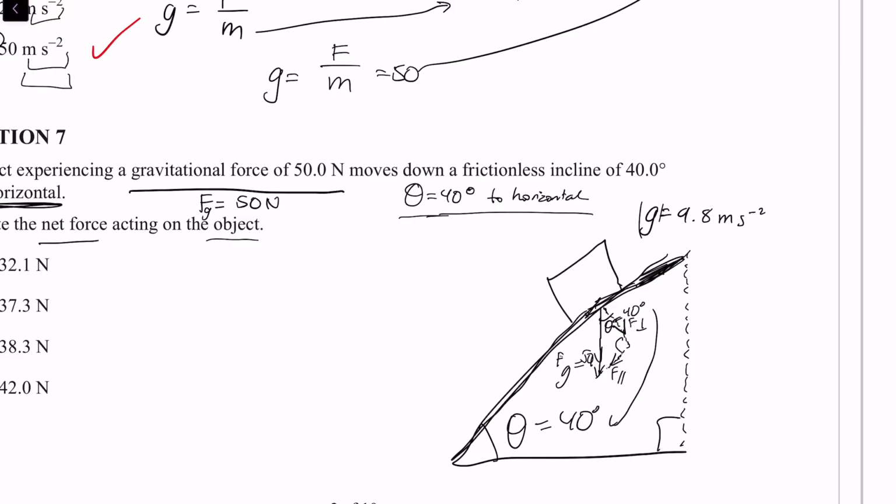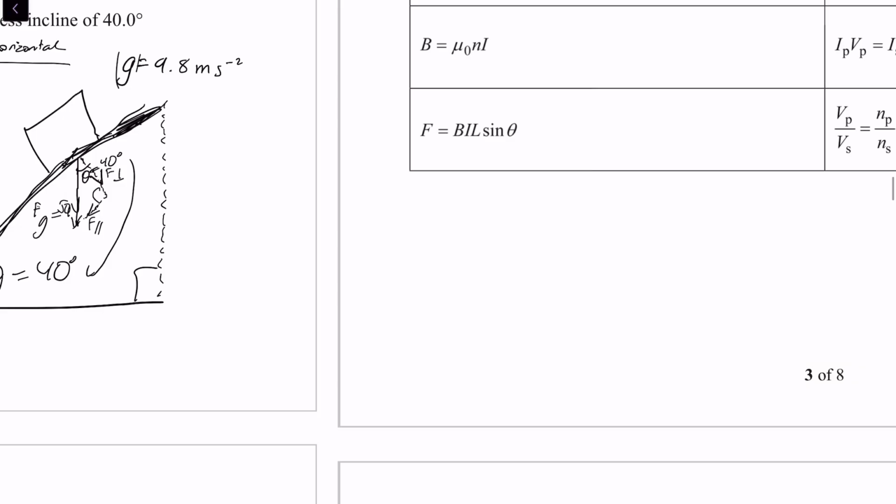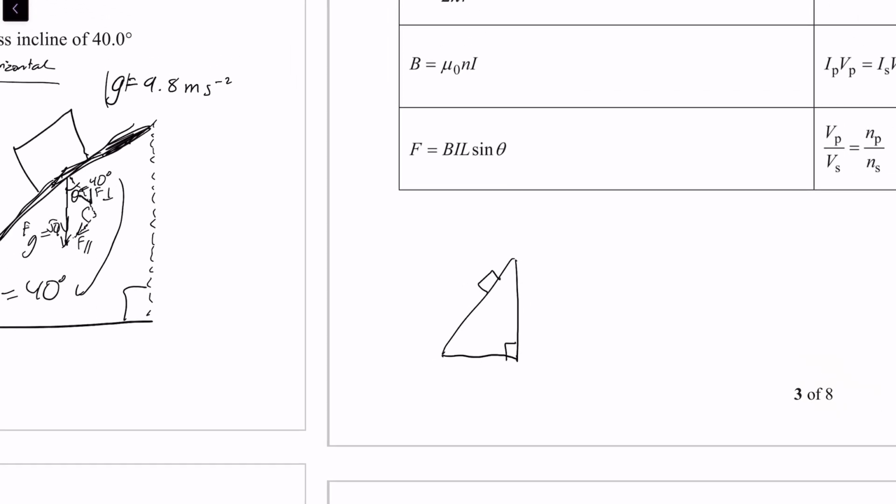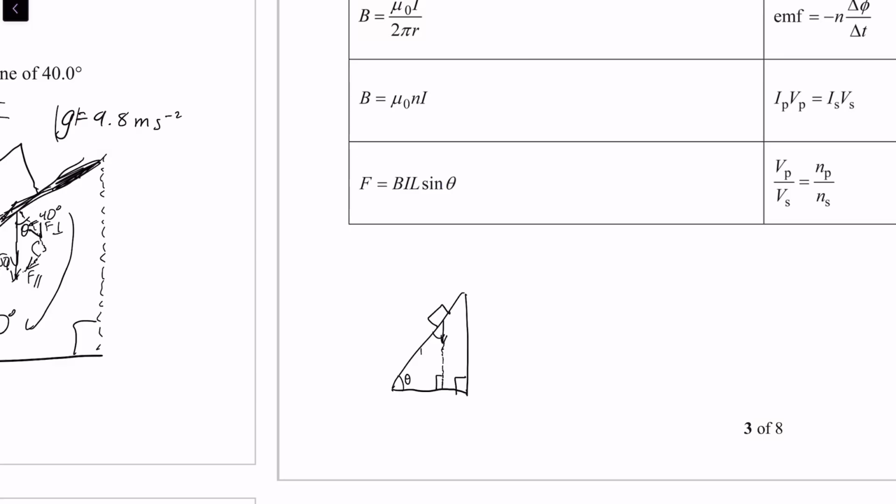And if you want a quick reason why that is, I can quickly show you, if it doesn't make sense to you. So say we have an object, right? If I make a line down here, this is theta, and this is a right angle triangle as well. I know there's already a right angle here, so I'm just going to make this 90 minus theta.